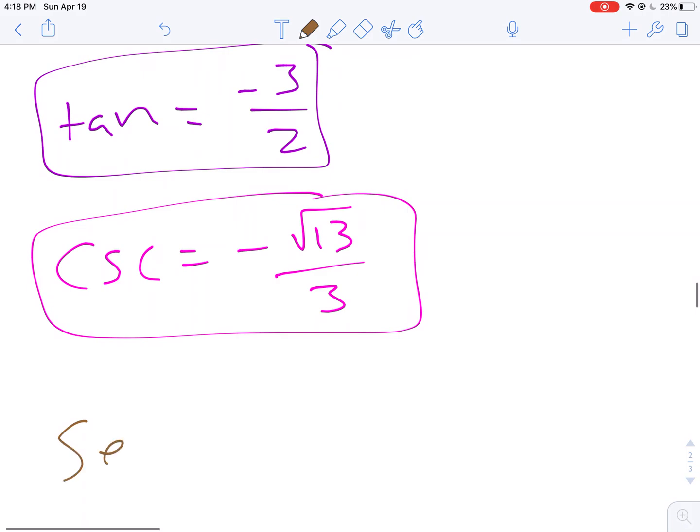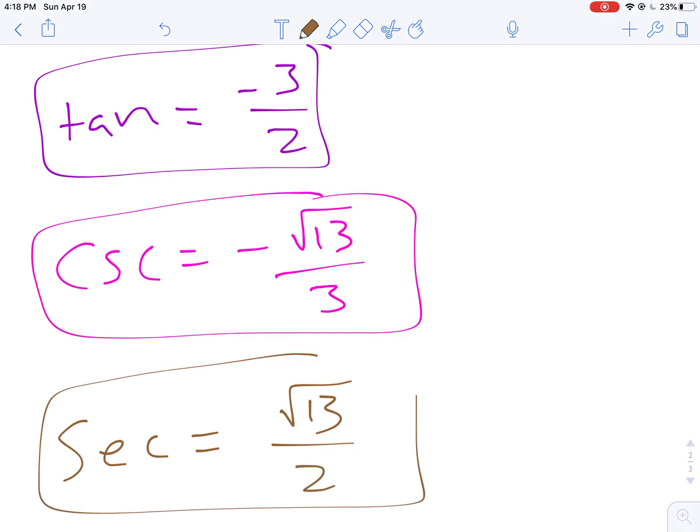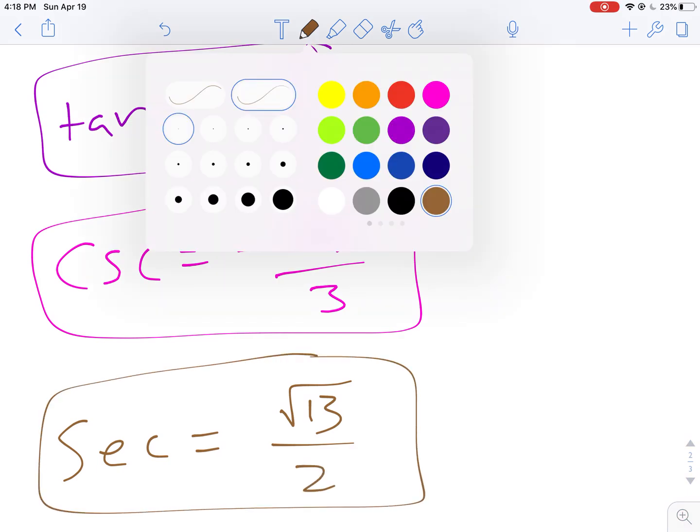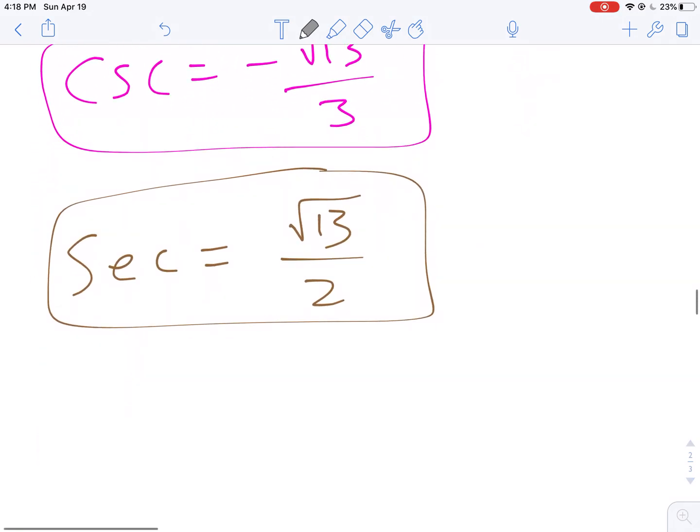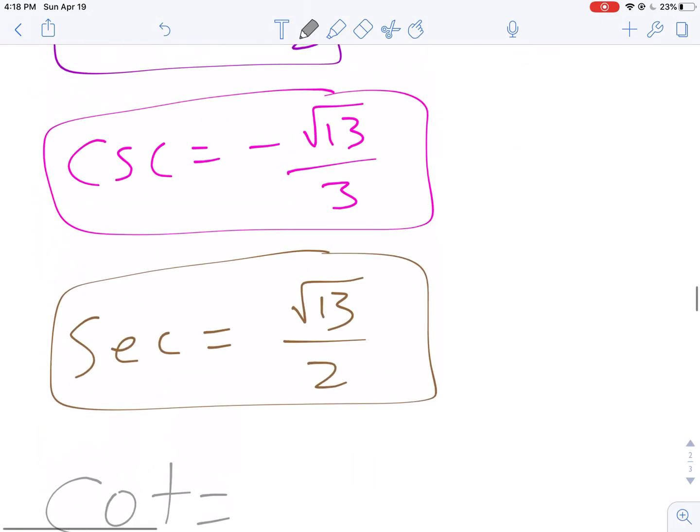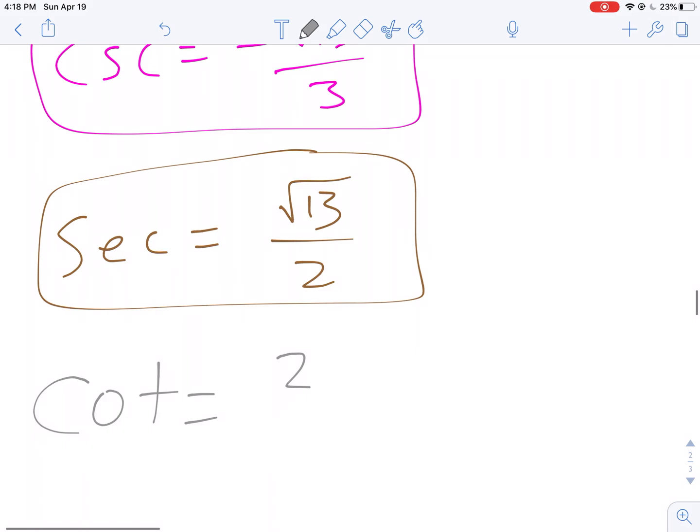My secant is equal to my hypotenuse over my adjacent. And then my cotangent is equal to my adjacent over my opposite, and I leave it here.